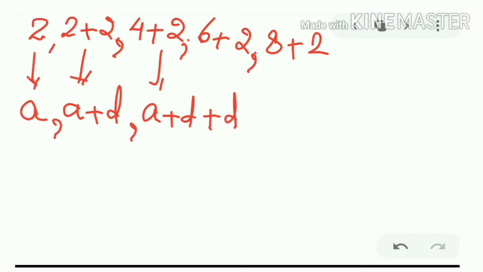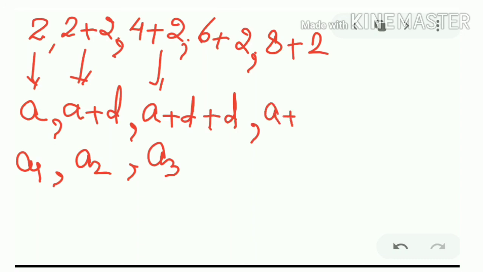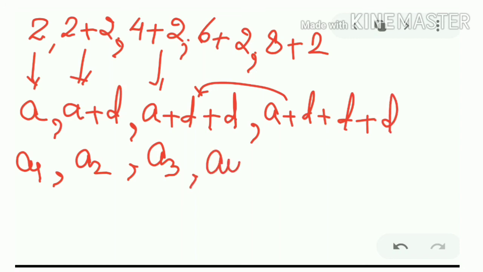That is, A1 I have got A. A2 I have got A plus D. And A3 I have got A plus D plus D. Similarly, if you go on adding, what is 6 plus 2? It is A plus D plus D, which is the previous term, plus D, which is the common difference. What is A4?